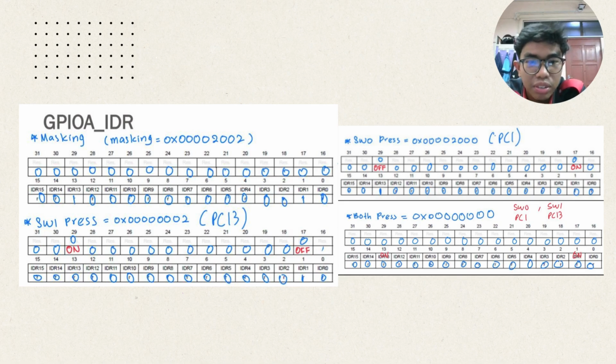So when switch 0 is pressed, the value is 00002000. And the last condition is when both switch 1 and switch 0 are pressed, we set both values with 0, and the value when both buttons are pressed is 00000000.